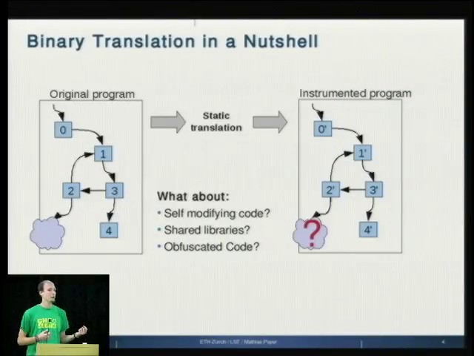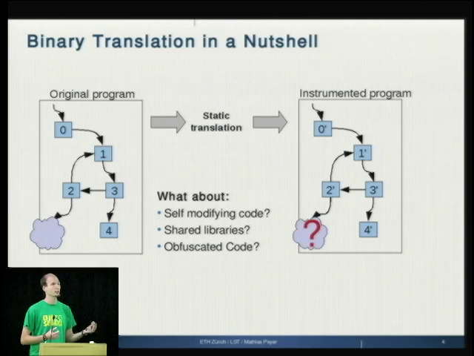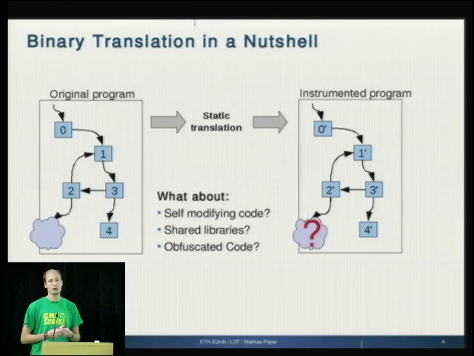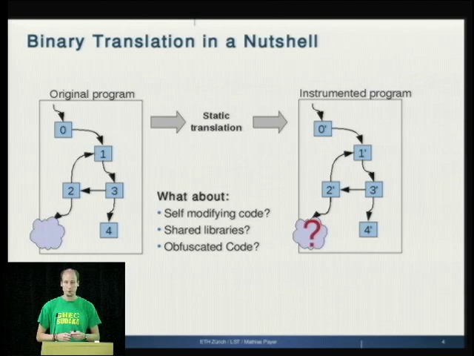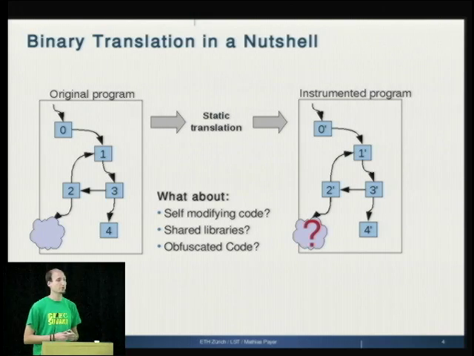On the other hand, what about dynamically loaded shared libraries? If we load these libraries, we add new code to the program which has not been translated before. And if you go more to the malware side, what about obfuscated code? You will never be able to translate obfuscated code, or code that is, for example, available in an image or an exploit. Static translation will never be able to catch all of these cases.